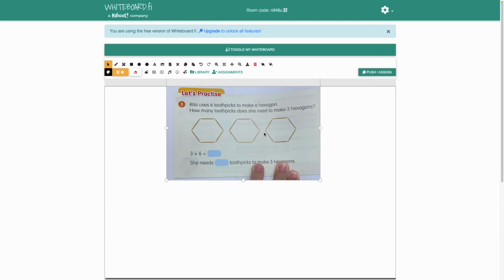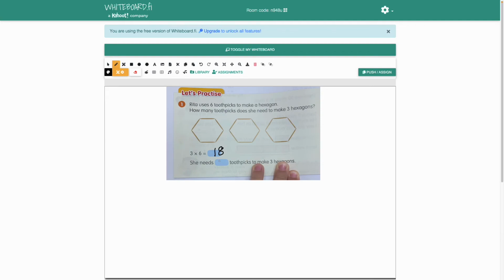Either you can do this, but I support the multiplication table. So we have 3 groups and 6 sticks in each, and so we get 18. Perfect. And now, can you tell me how many toothpicks she needs to make 3 hexagons?